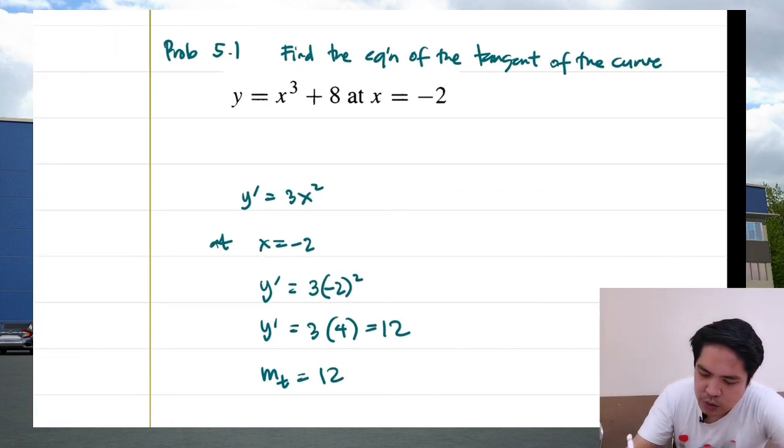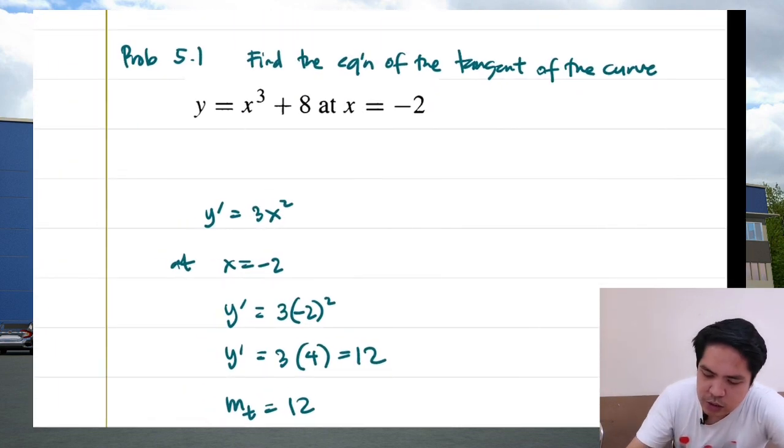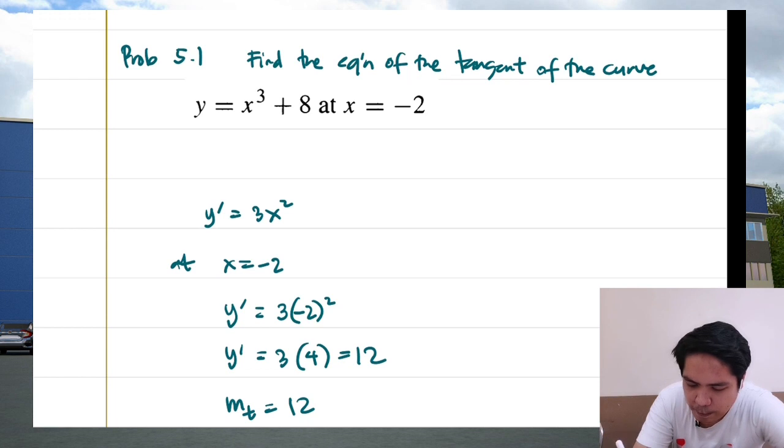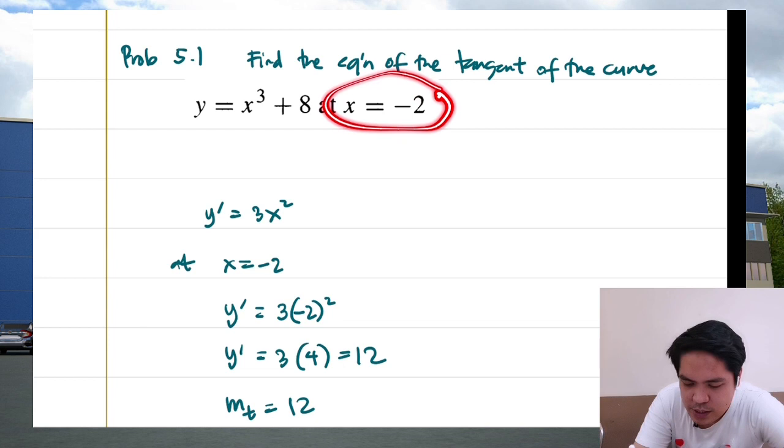Now, what we need to get is the equation of the tangent. So we need to get the point of tangency. So given na yung x equal to negative 2, tingnan lang natin yung partner ng x. What would be the value of y when x is negative 2 para makita natin yung point of tangency.